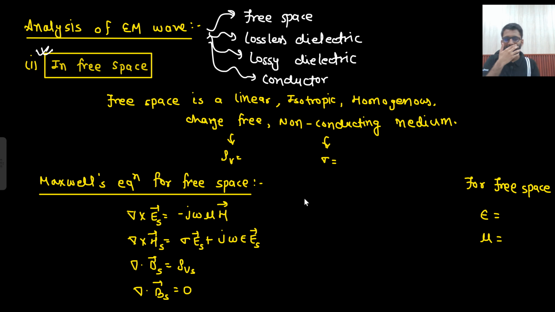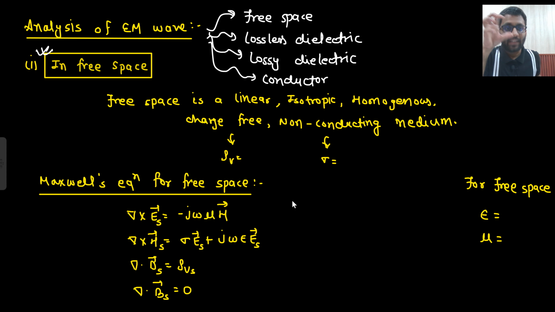First one is free space. A free space is always a linear, isotropic and homogeneous medium. It is charge free as well. In space there is charge, but collectively it is 0; positive charge and negative charge cancel out. Charge free doesn't mean that there are no charges, but collectively the whole charge is 0.